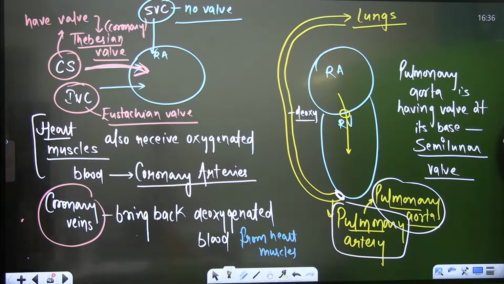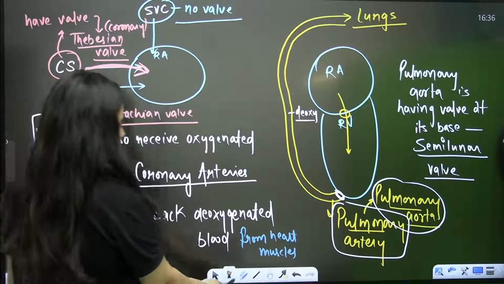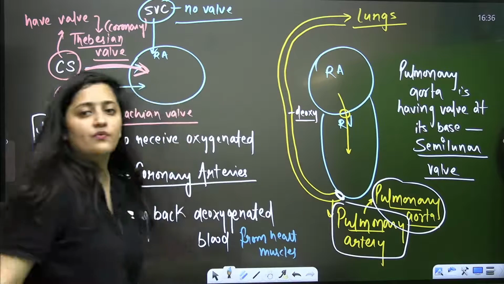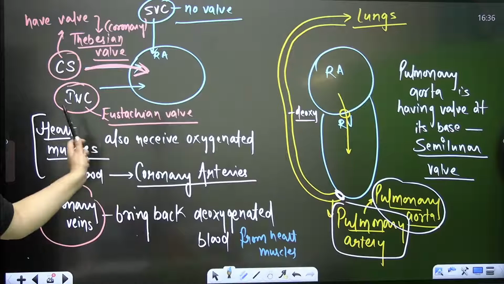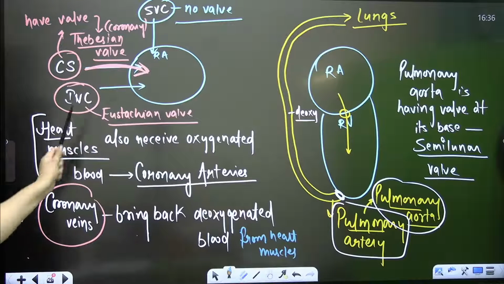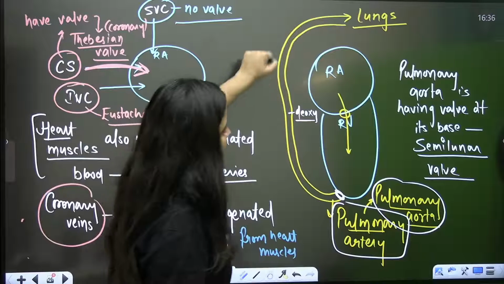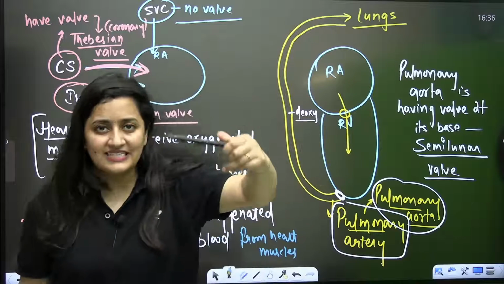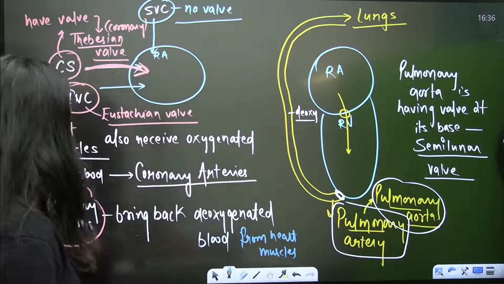So you should know about the valves and their positions. Understood? So right auricle, right ventricle, then the pulmonary aorta, which has the semi-lunar valve at its base.